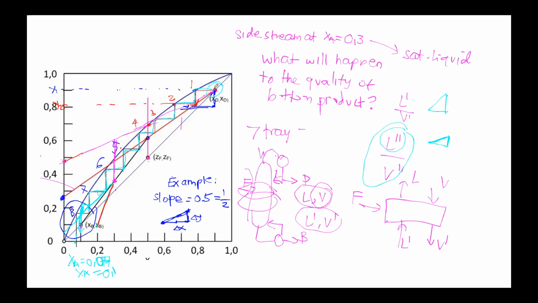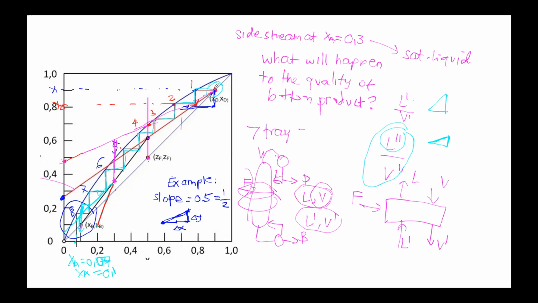Maybe she asked because we are dealing with a binary, and for binary they would not get this. Why do you do the side stream? Here's the thing.